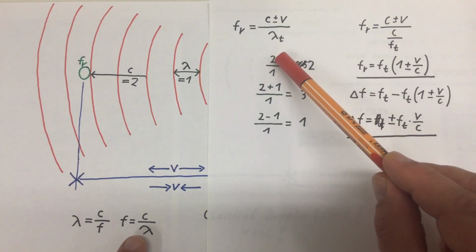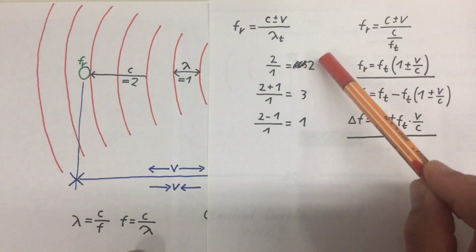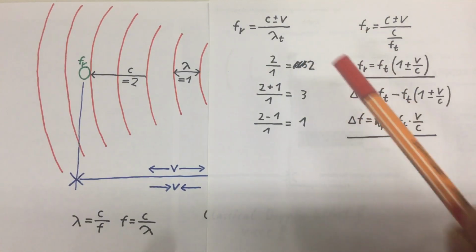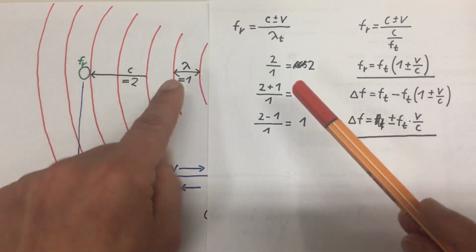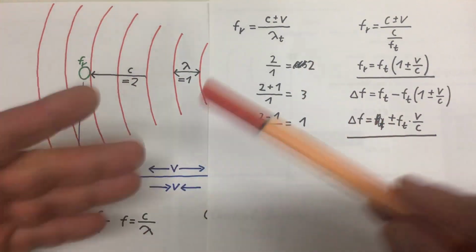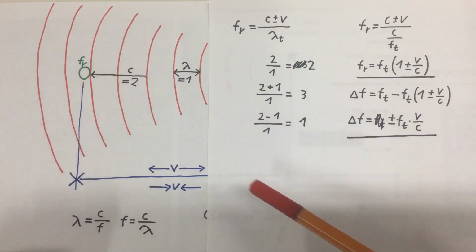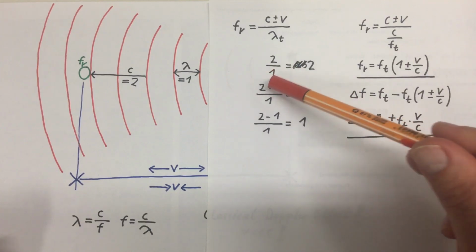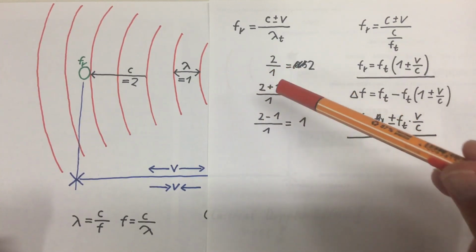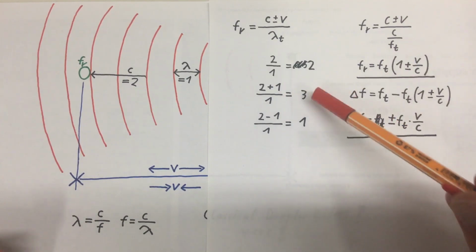The speed 2 over the wavelength 1 equals a frequency of 2. If our receiver now moves towards the transmitter, let's say with a relative speed of 1, then we get, with that formula, 2 plus relative speed of 1 over the wavelength of 1 equals a frequency of 3.